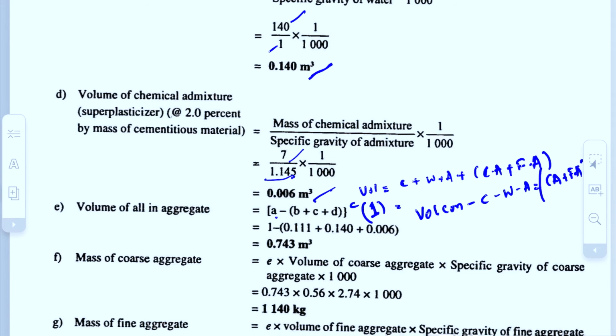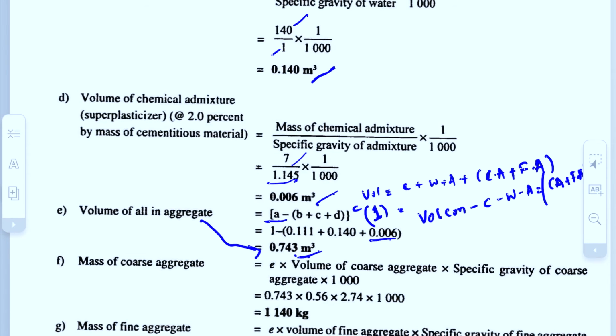That is expressed here, A minus B plus C plus D. So A is the volume of concrete minus volume of cement minus volume of water minus volume of admixture, which gives us 0.743 meter cube. This is the value of total aggregate, that means coarse and fine aggregate together.